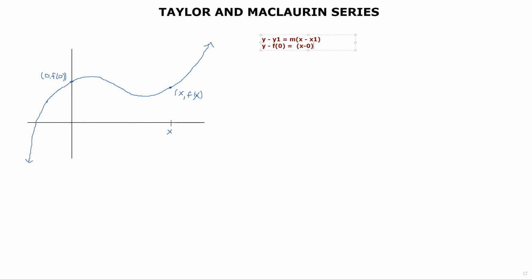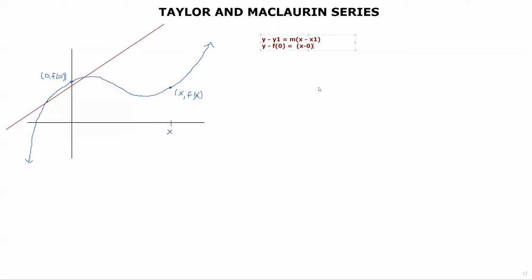Well, we really want the slope of the secant line, the line that would extend between here and here, but we don't have that. So we're going to approximate it with a tangent line. Oh, so slope of a tangent line, there's a name for that. We call that, of course, the derivative. So this is going to be f prime at 0. And so there's your function.